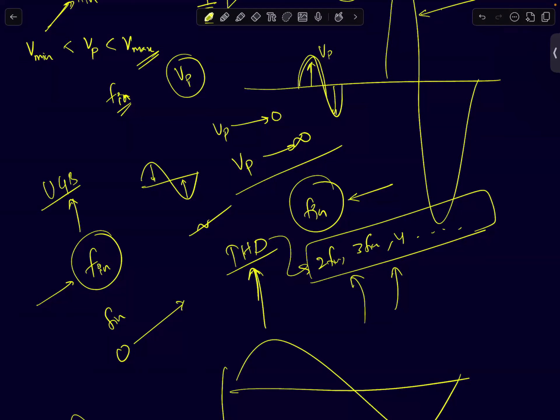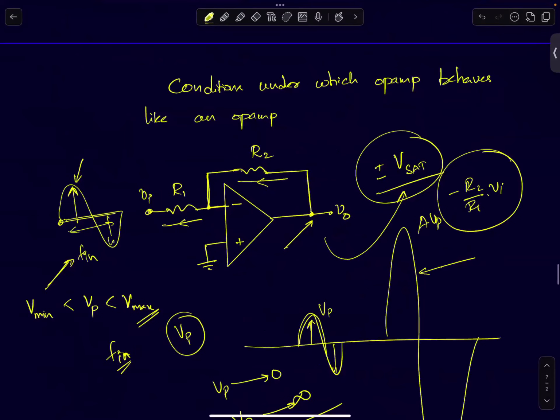When you're performing experiments in your lab, you can verify this. Let's say they taught you how to build an inverting amplifier circuit. Build this circuit, and then slowly vary the frequency. You have function generators, which give you options to vary the frequency of the sine wave, change the peak voltages, or add DC offsets.